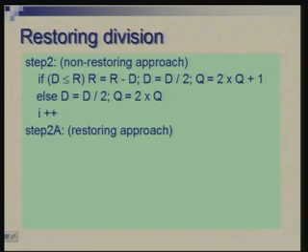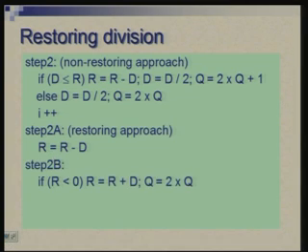So, this was complete step 2 as I listed here, and in the restoring approach it changes in the following way. We subtract unconditionally, and the next step within the iteration is that if the result is negative, then you correct, make r equal to r plus d. Okay. Rest of it will remain the same. In this case q becomes 2q, and in the other case 2q plus 1.